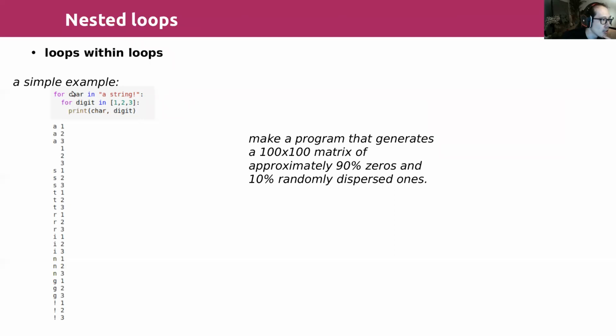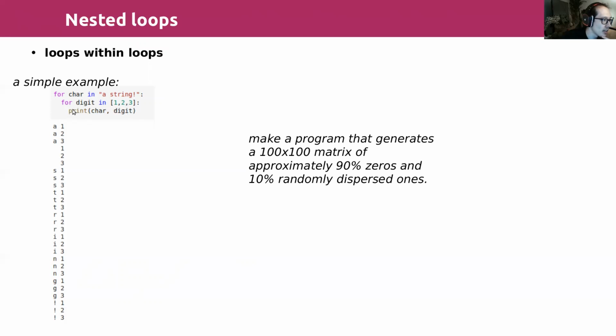But then for each of those, we're going to do a separate for loop. For every single character, we're going to do another for loop, and this one is going to be on this list, just these numbers 1, 2, 3. Here we've named our iterator digit. In the first round, we're going through the letter A, and we'll go through each of these numbers in the inner for loop, 1, 2, 3.